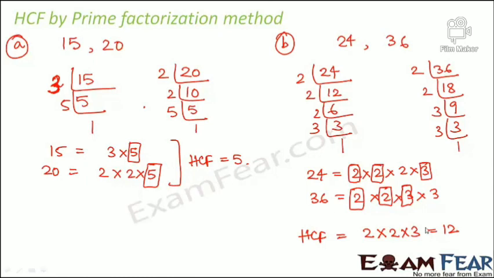So this prime factorization method helps us to find the HCF in a very, very easy way. In this way, what we are actually doing is, by encircling them, we are able to find out the common factors. At the same time, we are multiplying the common prime factors. By multiplying the common prime factors, we are able to find out the highest common factor.